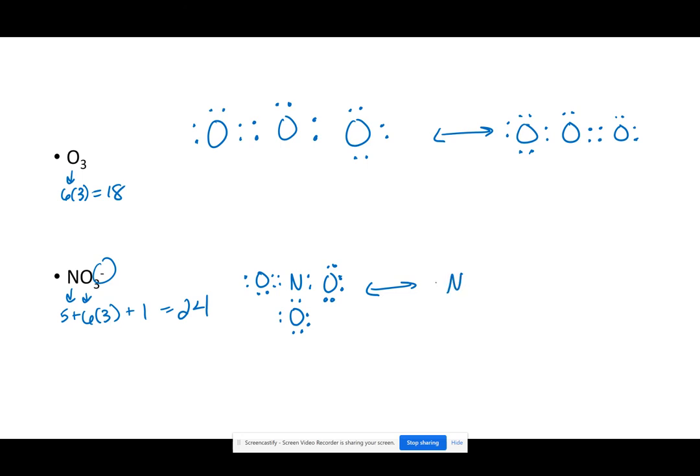Having the double bond on the other side is another valid structure. So that's another one. And then a third valid structure would be having the double bond on the bottom.